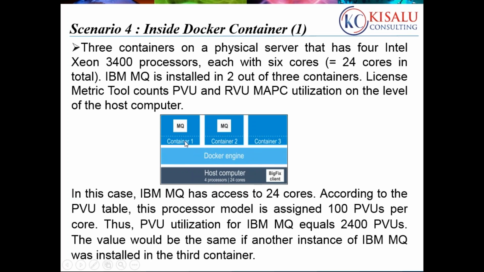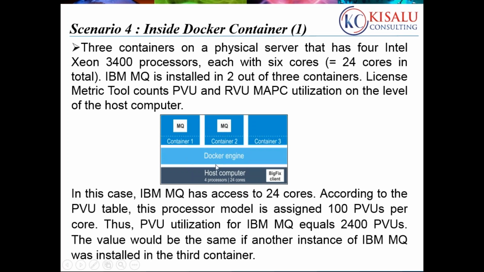With the Docker engine running on the host machine, they have containers. Each container can have different types of applications. You can have DB2 here, and on your container 2, you can also have MQ, WebSphere, DB2, the way you want it.